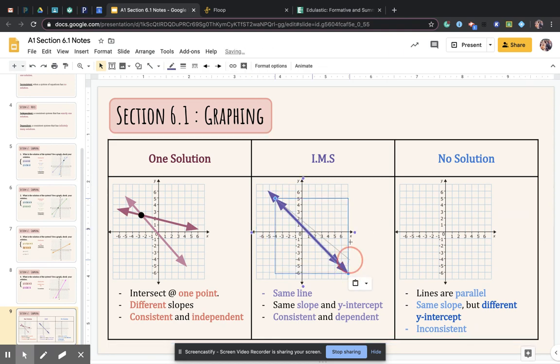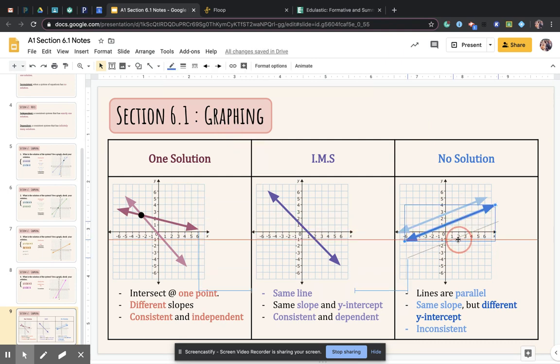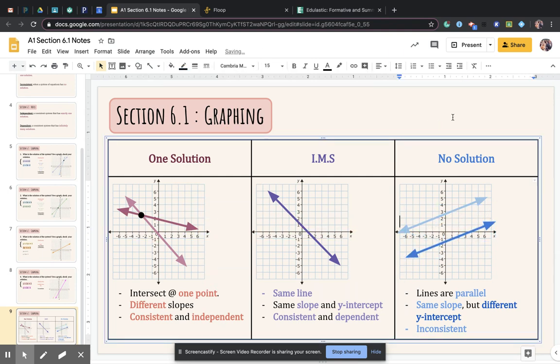So no solution is when we have parallel lines. So say we had this line, and then let's do that line, right? So we have two different lines because I just copied and pasted. They should be parallel, right? These lines have the same slope, but they have different y-intercepts, and they're inconsistent.